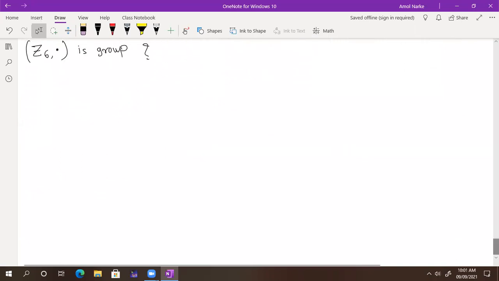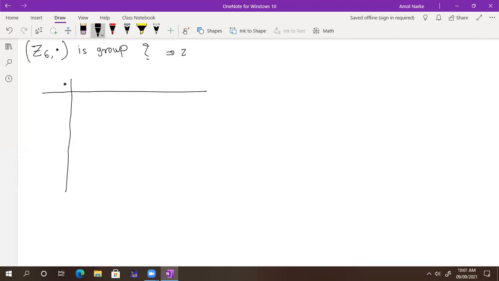So form a table, everyone. Form it with me. We have multiplication. What elements do we have in Z6? We have 0, up to 5, the last element is 5.